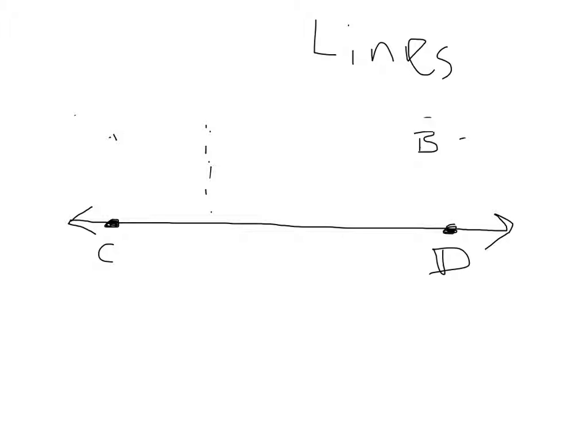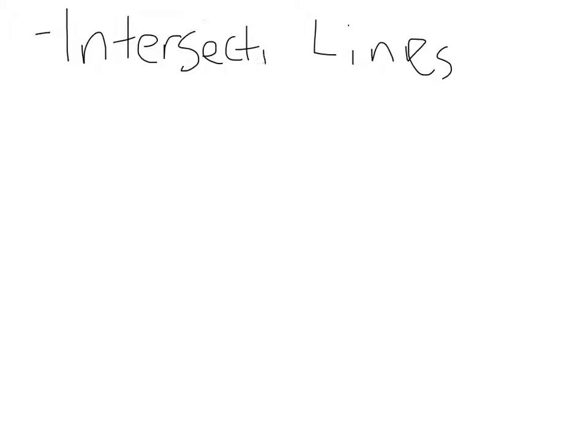Now, intersecting lines do cross, but the nice thing about these is that other than crossing, they don't have any other criteria that really describe them. So intersecting lines, let me write that up here. Intersecting lines, those are lines that cross.